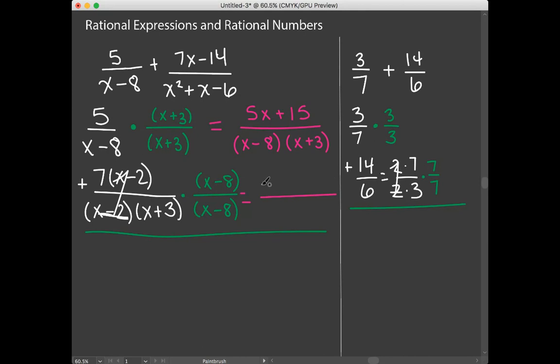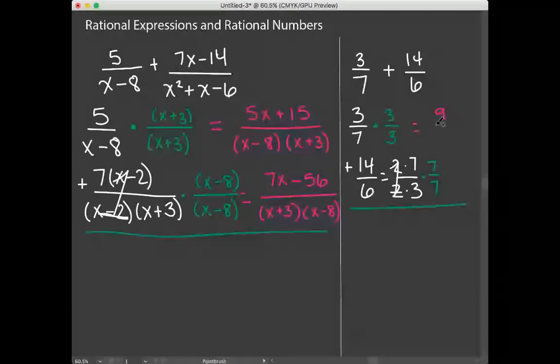And then we do 7 times x minus 8, which is 7x minus 56 over, again, the common denominator now, x plus 3, x minus 8. That's exactly the same steps that we would do in our fraction problem, which is we would multiply straight across, get 9 over 21, and we would multiply straight across and get 49 over 21.